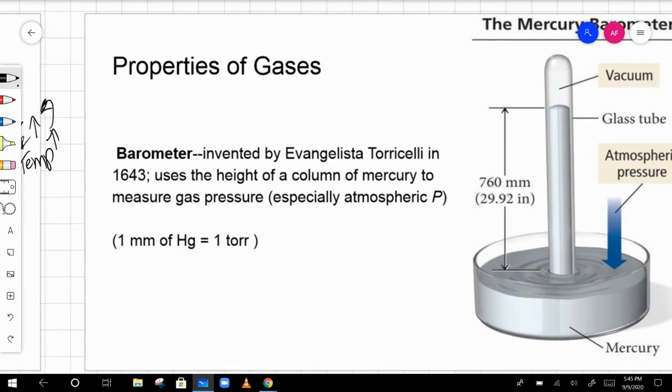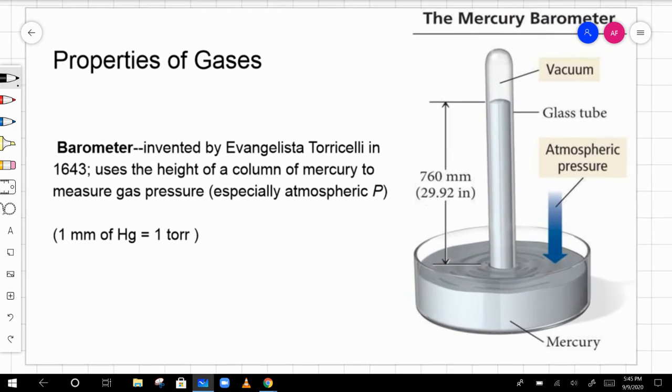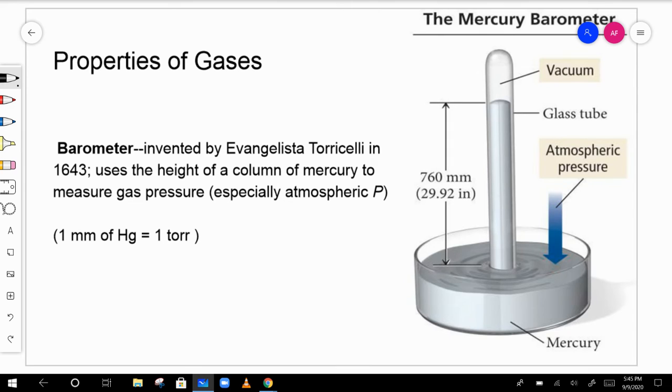Properties of gases continued here. This is a barometer. A barometer measures air pressure. Basically, the barometer has a vacuum up here. There's no air inside. And it's sitting in a pool of either mercury or water or any liquid, really.